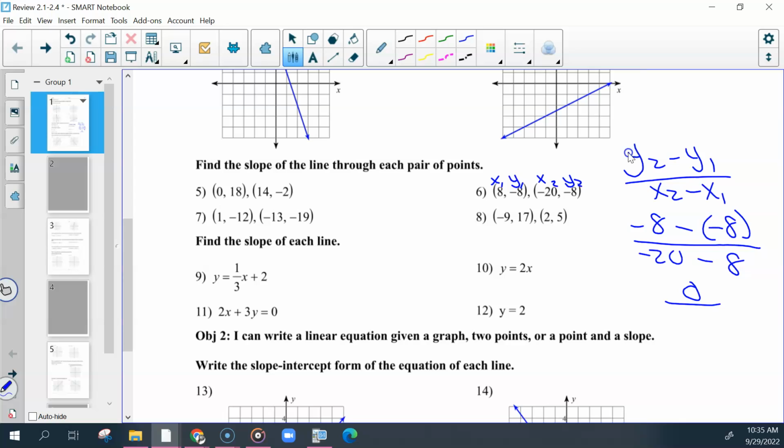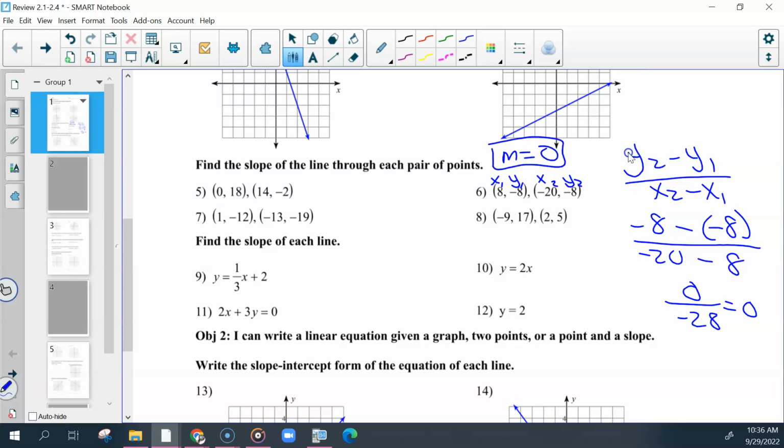And if you were to put that in your calculator, it would cancel each other out to become 0, while your denominator would become negative 28. But 0 over anything is still 0. So your answer would be m equals 0.